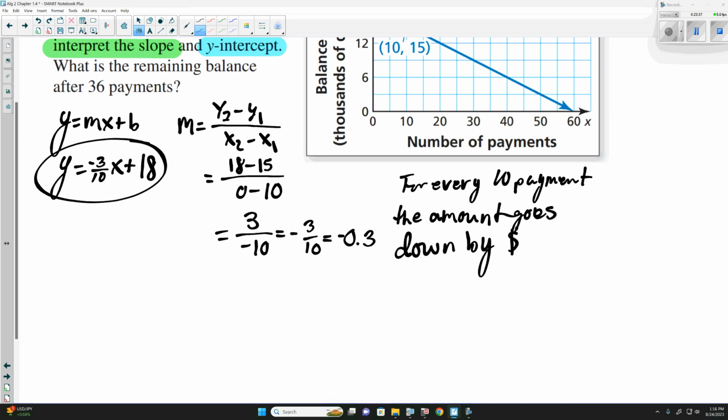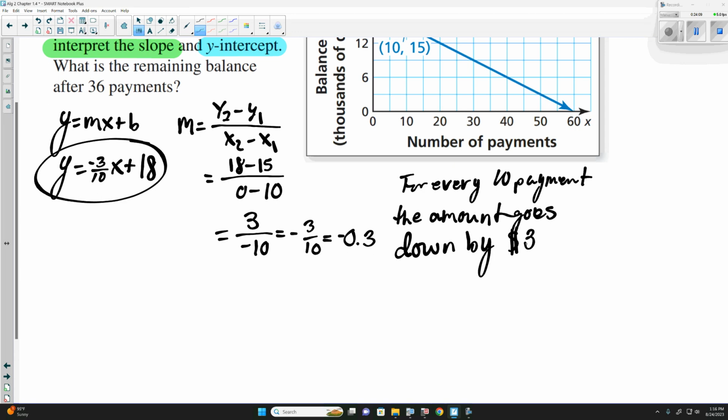By how much? How much would it go down by? So looking at the slope in our equation, it goes down by 3, yes? Does that seem right? For every 10 payments you make on this car, the amount goes down by $3.